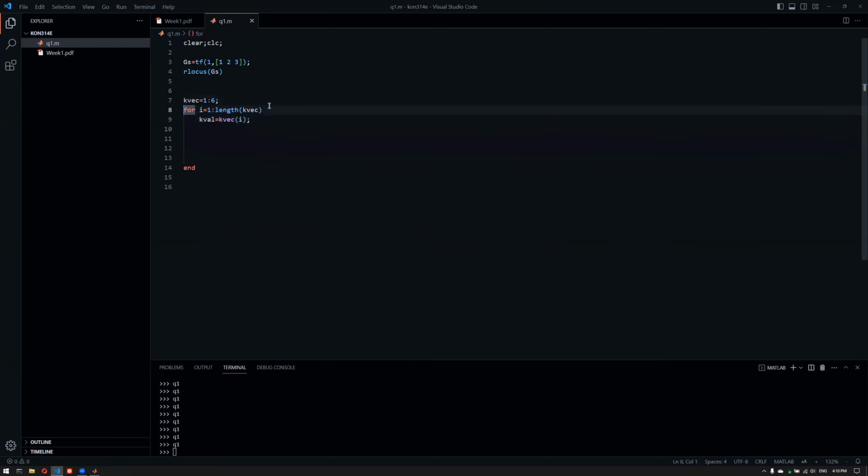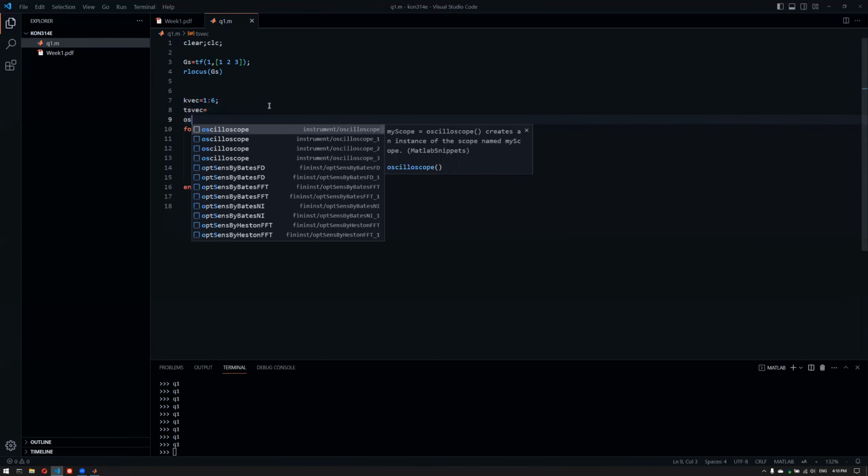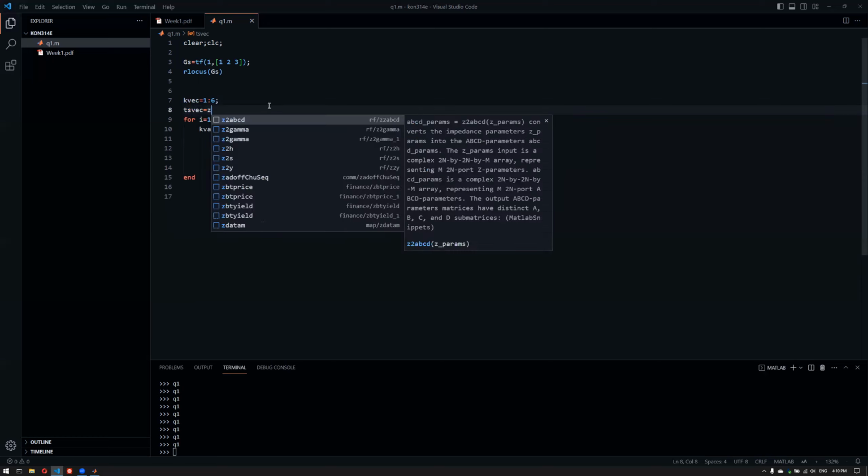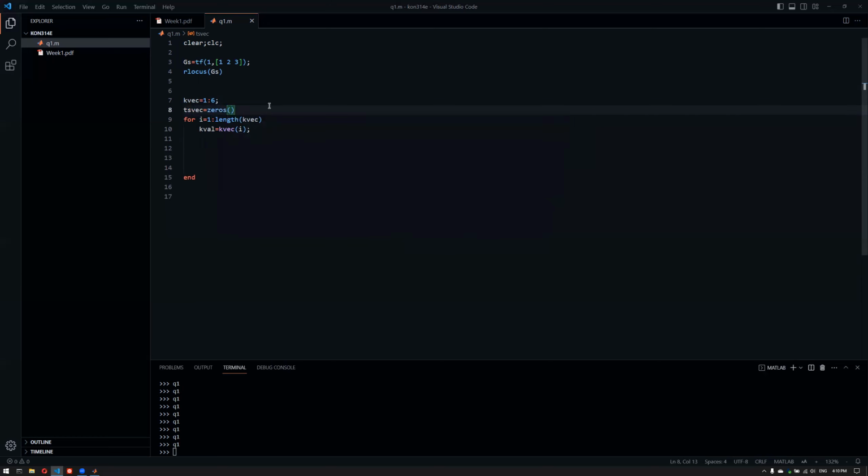Now, since I'm going to look at the TS values and also OS values, the settling time and overshoot values, I can just generate a vector of zeros. I'm pre-allocating the vector here by using the size of kvec. I don't know if I've shown this already to you, but if not, I'm showing it here.